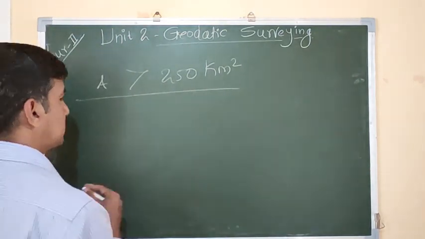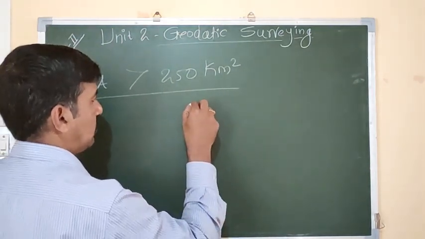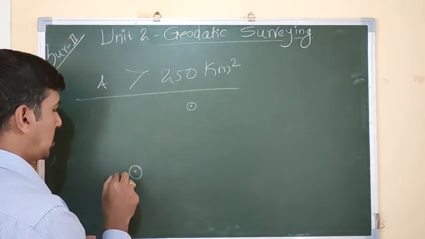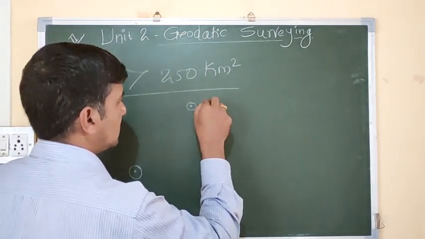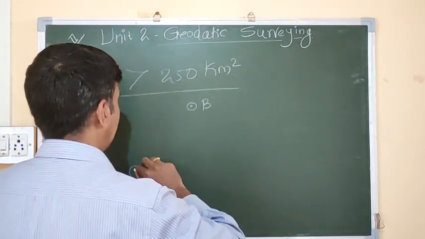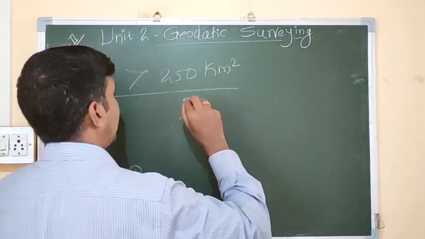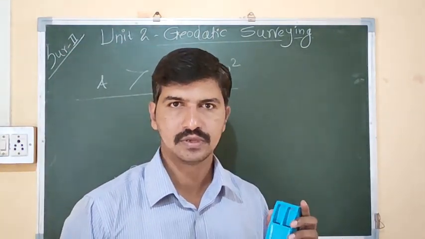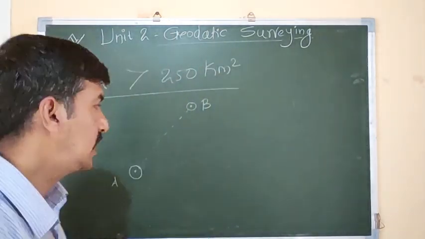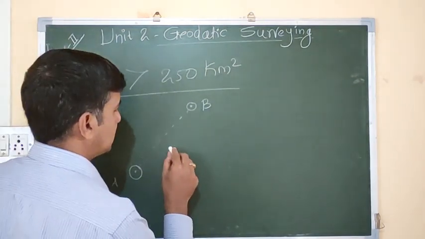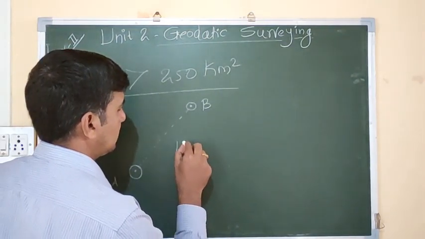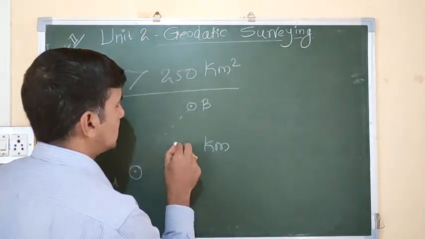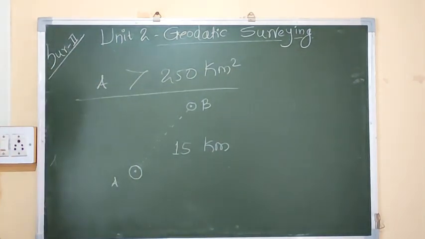For example, I will be taking 2 points, point A and point B, and by a dotted line I have joined point A and point B. Let us suppose the distance between point A and point B is 15 kilometers.